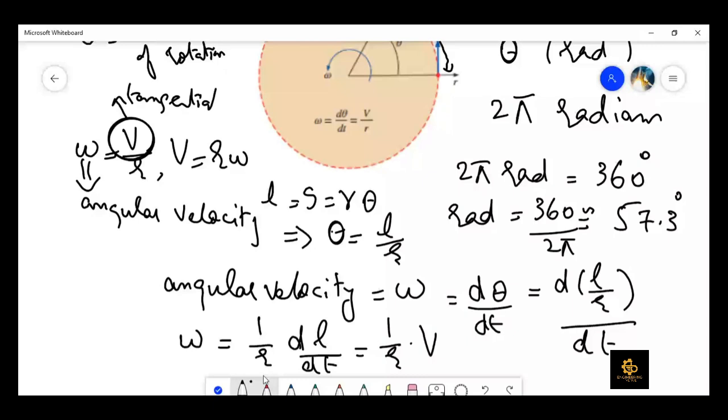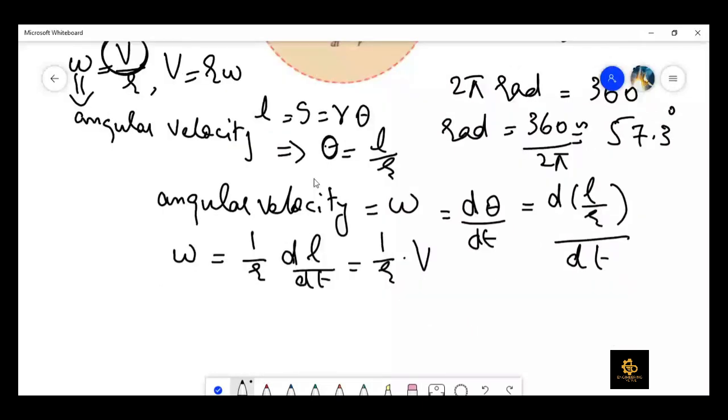Right? And similarly, there is another thing, because velocity has magnitude, and then there is another thing which is direction. So because in circular motion the direction of velocity is always changing, there would be some acceleration as well, angular acceleration. So we call it angular acceleration.